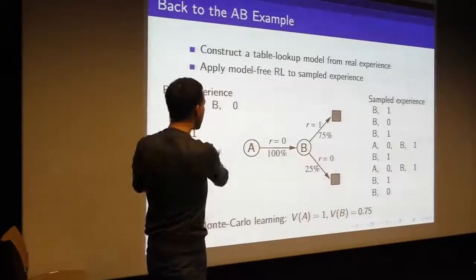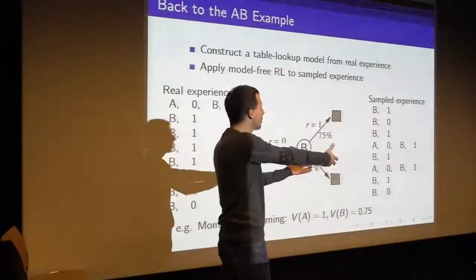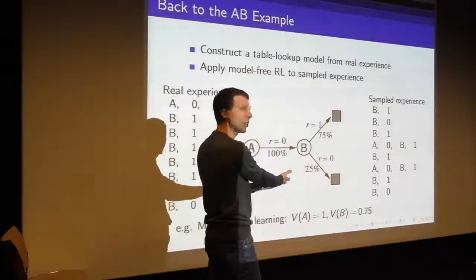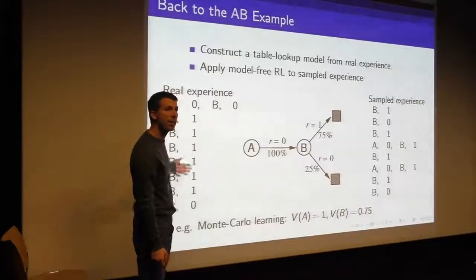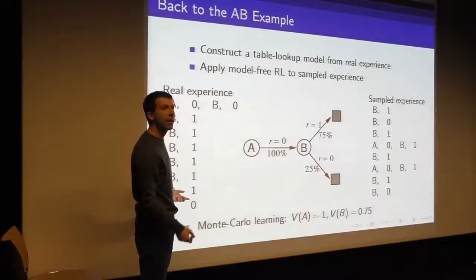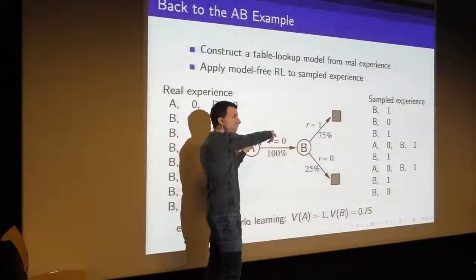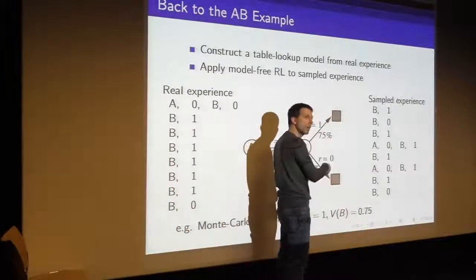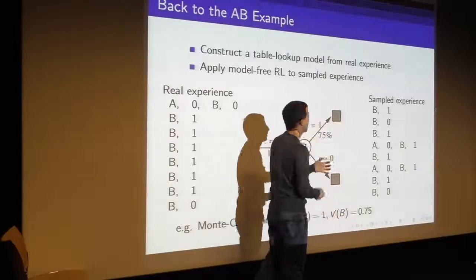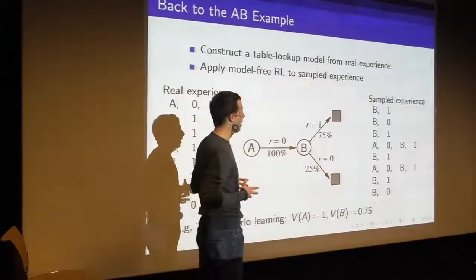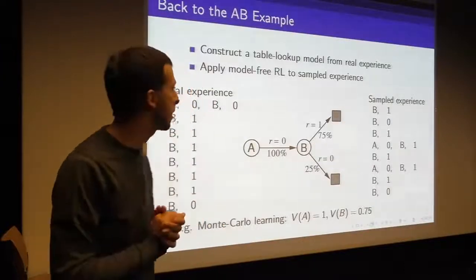So we started with real experience, we generated a model, we sampled experience from that model, we solved by model-free reinforcement learning to give us a value function, and that value function is different to the value function we'd have got if we'd applied it to the real experience directly, but asymptotically, if we run more and more, our model will get more and more accurate. If we generate more and more data from our model, we will ultimately end up with the right answer again. So it's a different way to arrive at a solution to a particular MDP.